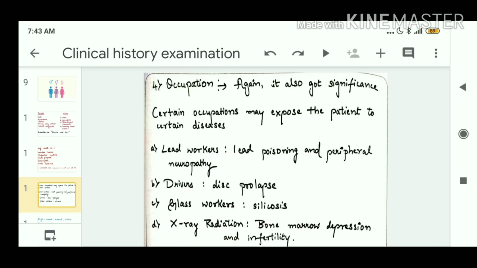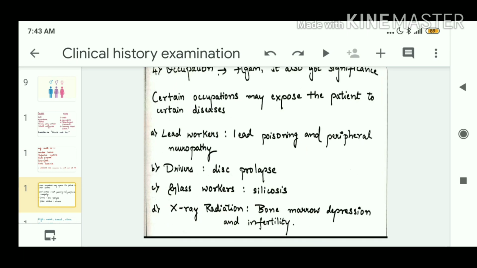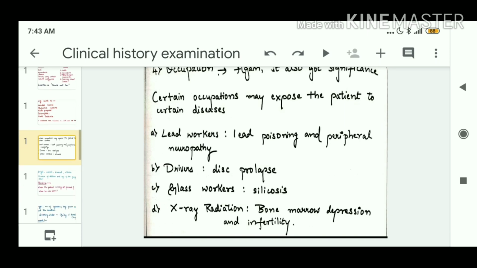Say for example, lead workers may suffer from lead poisoning and peripheral neuropathy, and drivers may suffer from disc prolapse, and glass workers may suffer from silicosis, and workers working in X-ray radiation may suffer from bone marrow depression and infertility. What is infertility? Inability to conceive, isn't it?